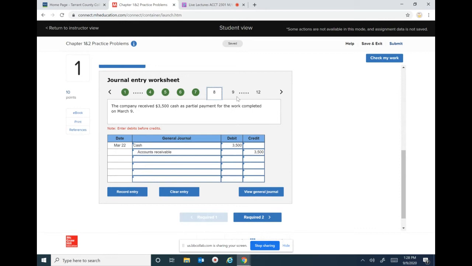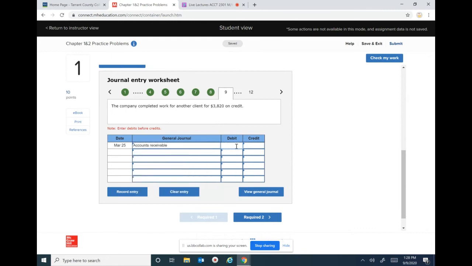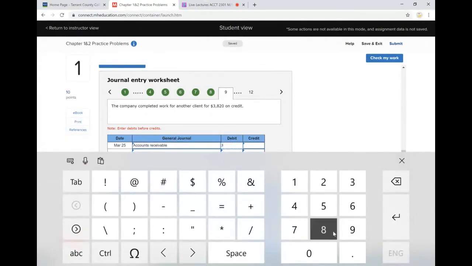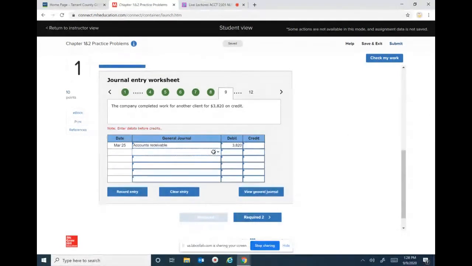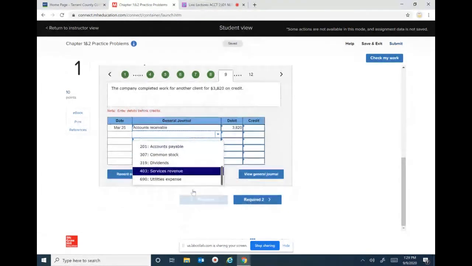All right, so here's the next transaction, transaction 9. This is on March 9th, I guess. Yeah. The company completed work for another client. We already know that this is accounts receivable, debit 3,820. And we know that we have to credit service revenue because the work has been performed.